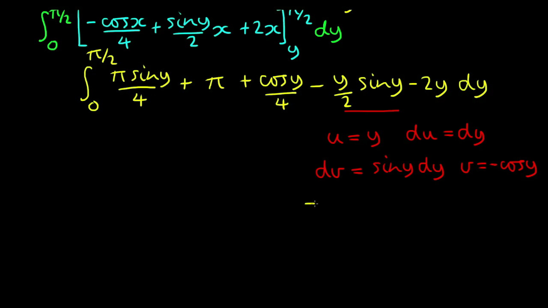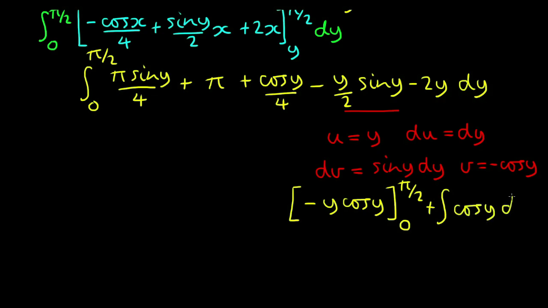So uv is minus y cosine y, evaluated at y equals 0 and pi on 2, and minus the integral of v du, which is minus cosine y dy, evaluated from y equals 0 to pi on 2.